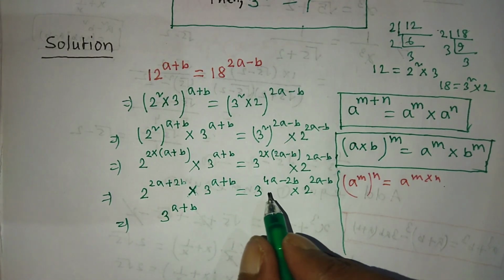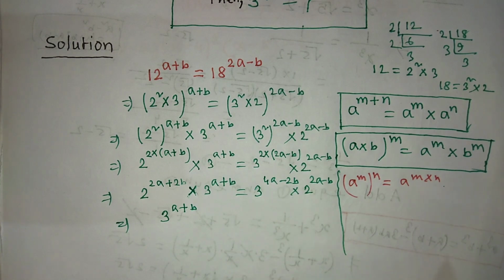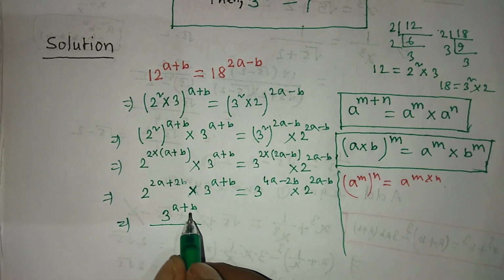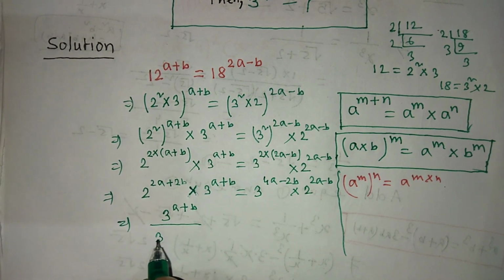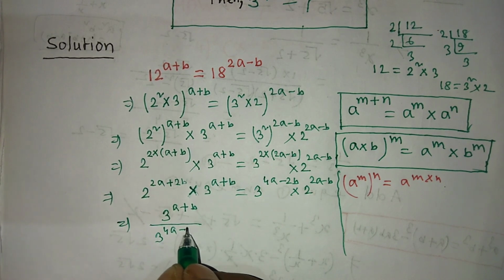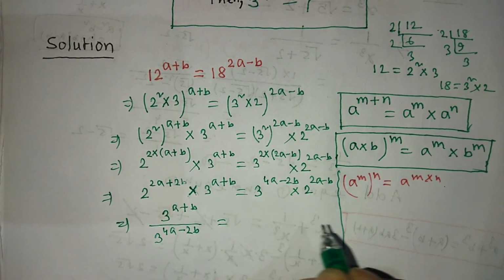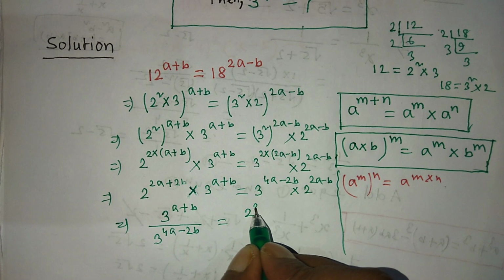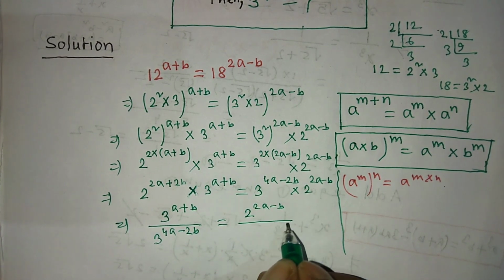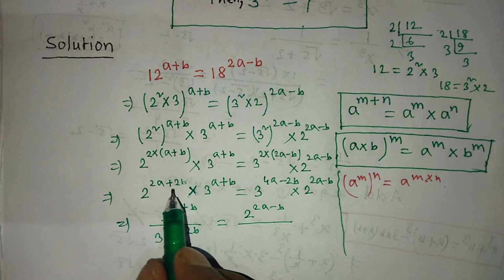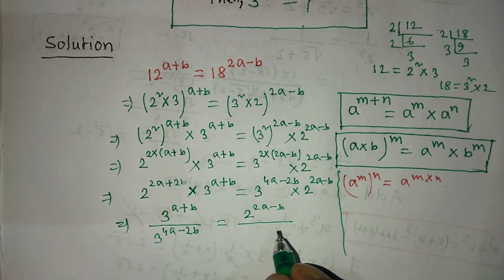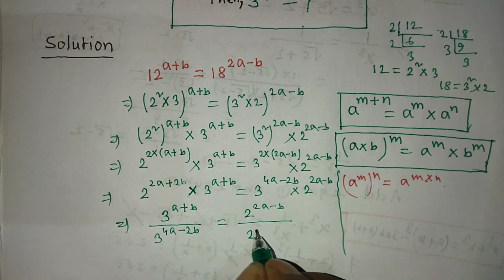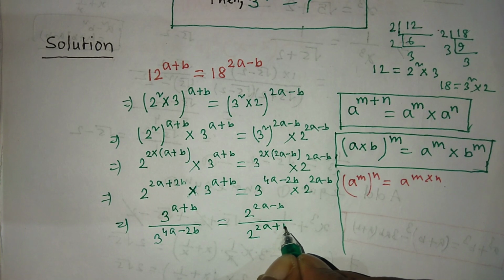If you transpose 3 to the power 4a minus 2b from right side to left side, on the left hand side you write 3 to the power a plus b over 3 to the power 4a minus 2b is equal to, on the right hand side we write 2 to the power 2a minus b over, if you transpose 2 to the power 2a plus 2b from left side to right side, 2 to the power 2a minus b over 2 to the power 2a plus 2b.